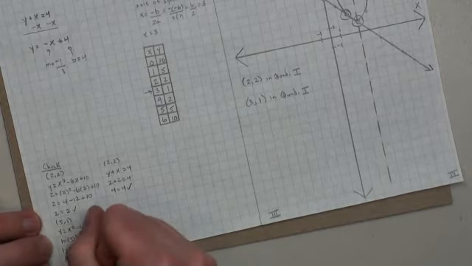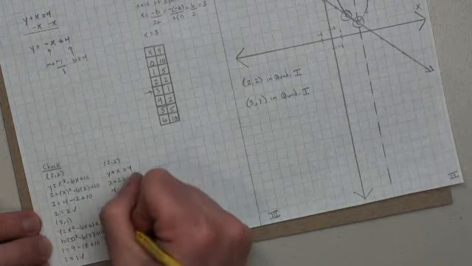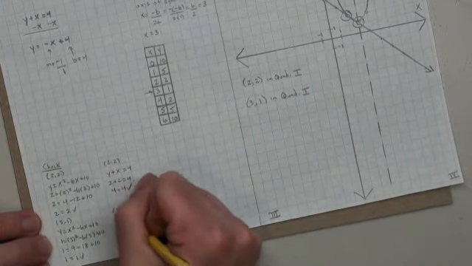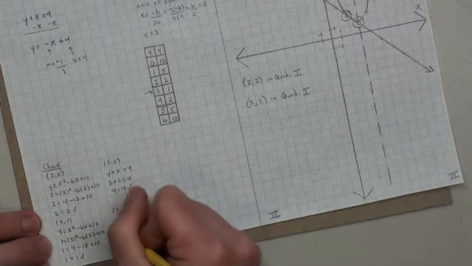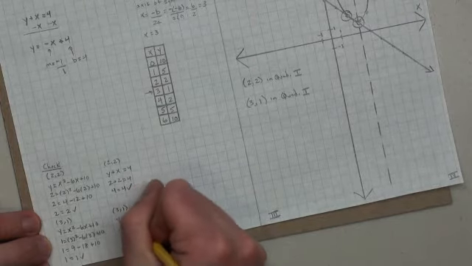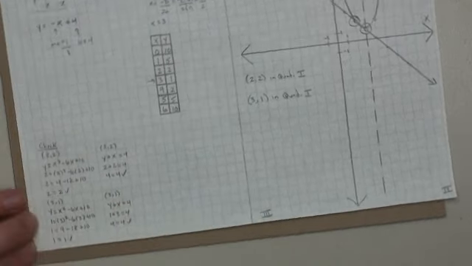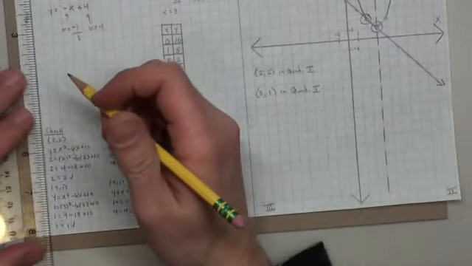So that checks. And let's also check it in the y plus x equals 4. 1 plus 3 equals 4. 4 equals 4. Checks. Let's just clean up our table.